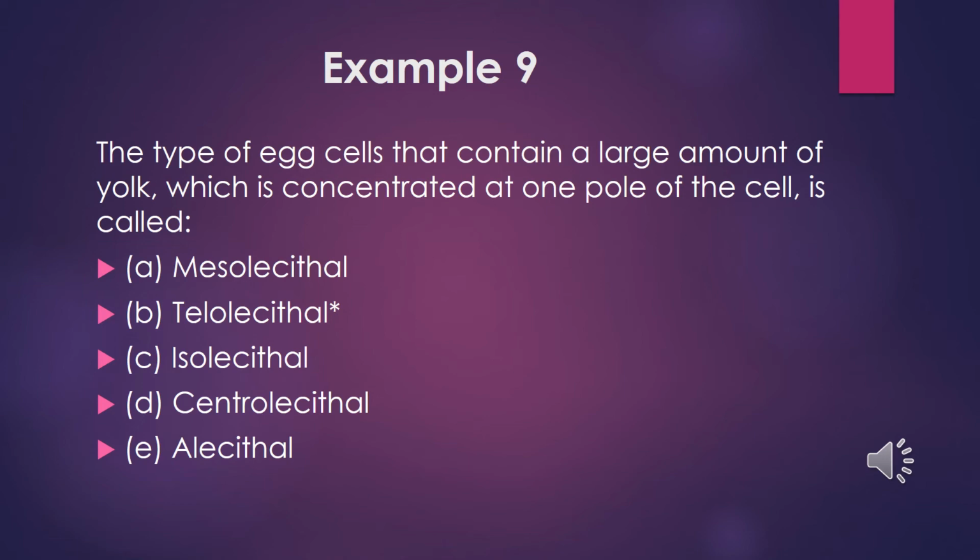Which type of ovum has more yolk or not more yolk? Some questions are about types in humans. In humans we have secondary oligolecithal, isolecithal ova. Telolecithal ova include more yolk in the vegetative pole.